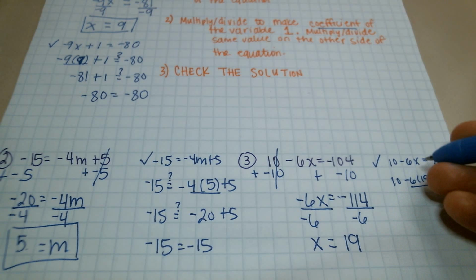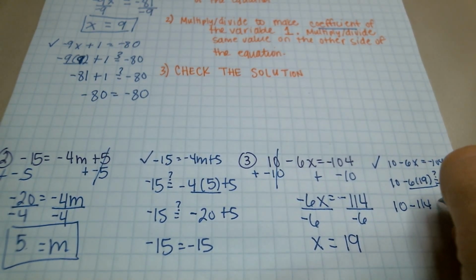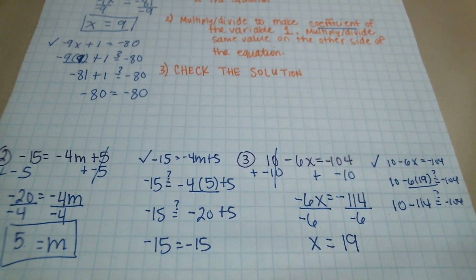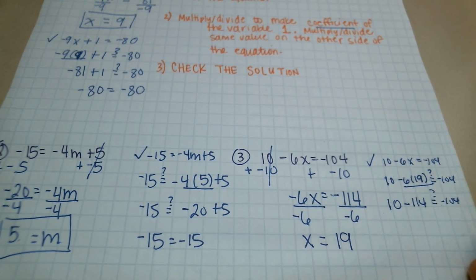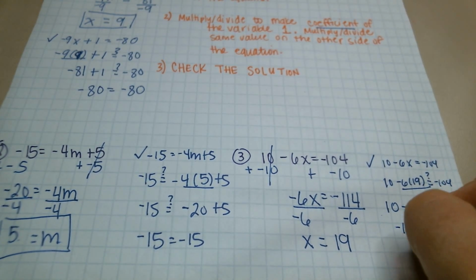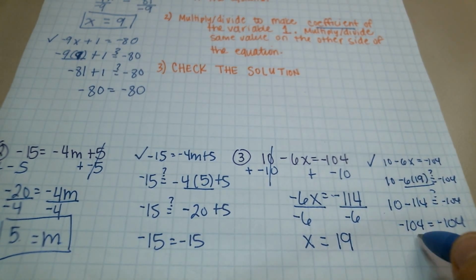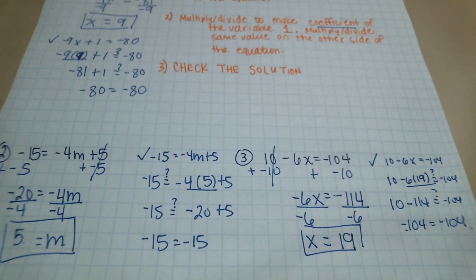And then if you take away one set of 6, that would be negative 114. And is this true? 10 minus 114 equals negative 104. Make sure you see that this 114 is negative because it's got a minus sign in front of it. And that is indeed true. So this is equal to each other. Left side equals right side. So x equals 19 is your solution.